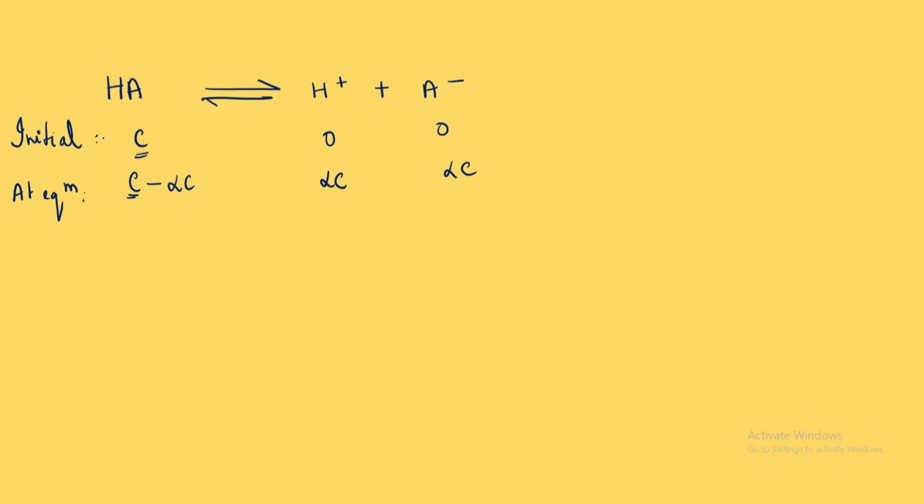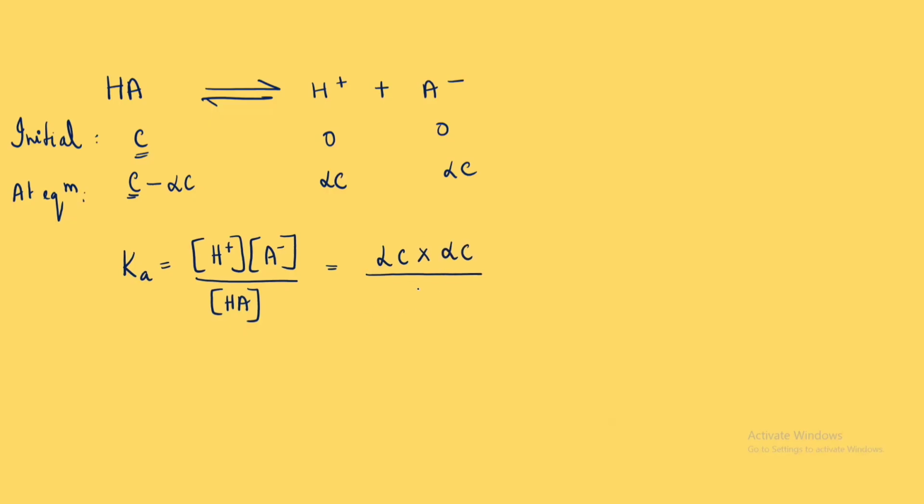Now, using this, we can write the equilibrium constant for this reaction. So Ka is nothing but the concentration of H plus times the concentration of A minus, divided by the concentration of HA, the undissociated acid, which is in the denominator. The H plus concentration is alpha C, and the A minus concentration is again alpha C. In the denominator, we have C minus alpha C. So I can write it as alpha square C square.